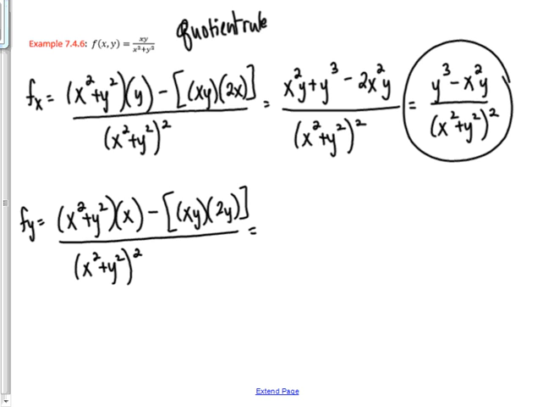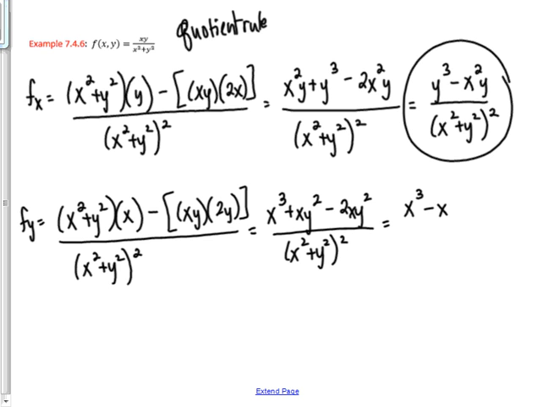So if I distribute the x, now I get x cubed plus xy squared minus 2xy squared, and I've got those like terms on top again. And so I've got x cubed minus xy squared over x squared plus y squared squared.